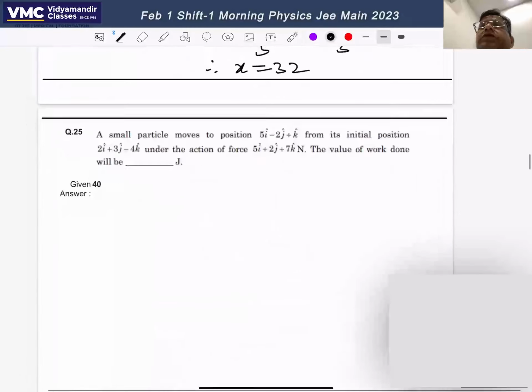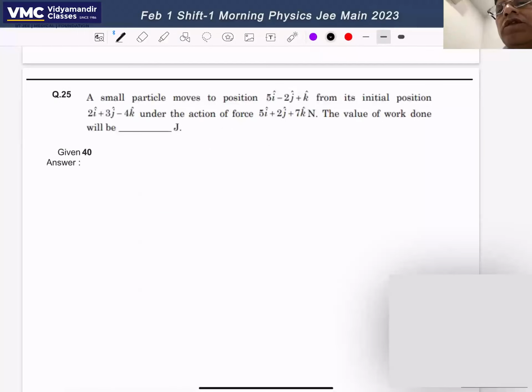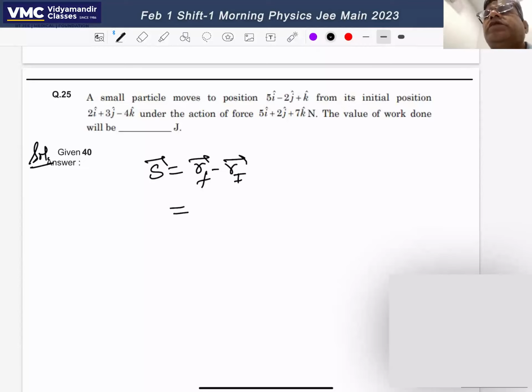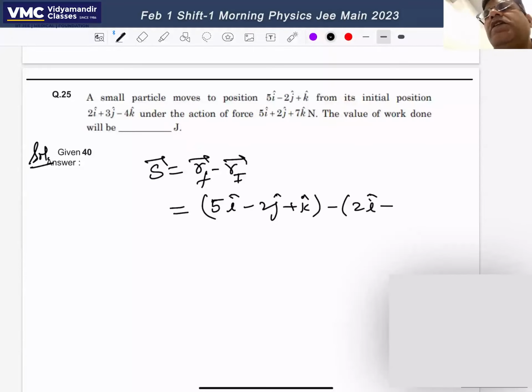Question number 25. For this, displacement is the difference of position vectors, final and initial. The final position vector is 5i cap minus 2j cap plus k cap, and we have to subtract the initial position vector 2i cap plus 3j cap minus 4k cap. So it comes out 3i cap minus 5j cap plus 5k cap.